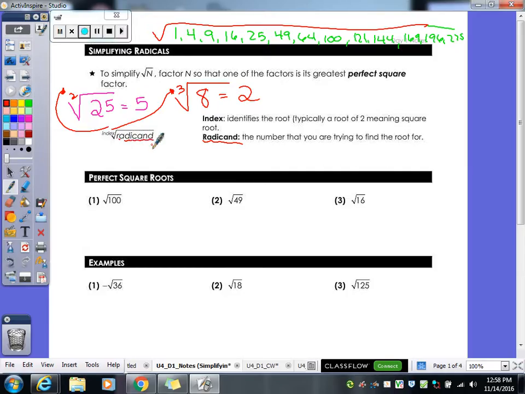Okay, so we'll do a couple examples here. Here's some perfect square roots. The square root of 100 is 10. The square root of 49 is 7. And the square root of 16 is 4. So underneath each of these, I want you to write index and radicand and tell me what each of them are.